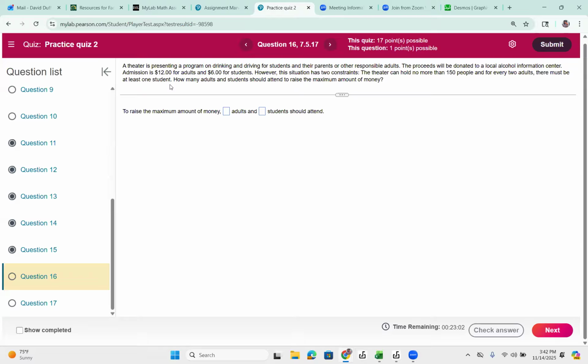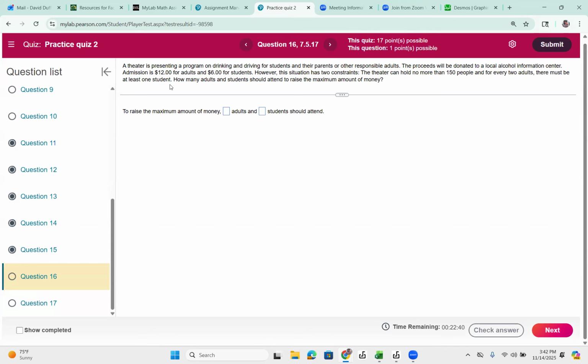So, why is my students? So what I ended up coming up with was y is greater than or equal to x over 2. That was my first guess.